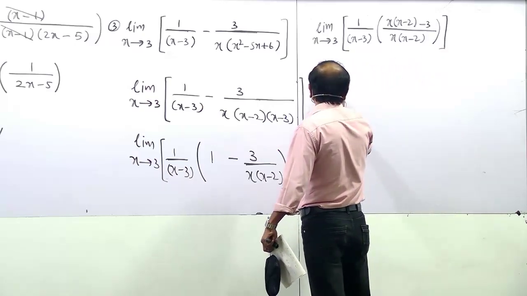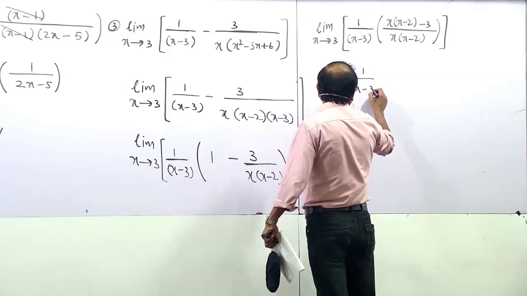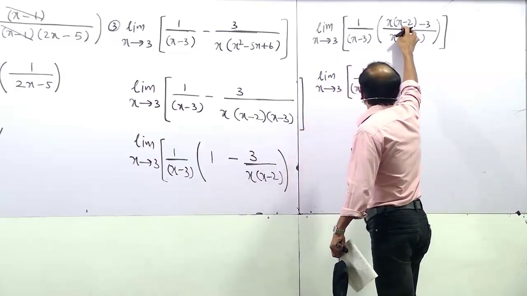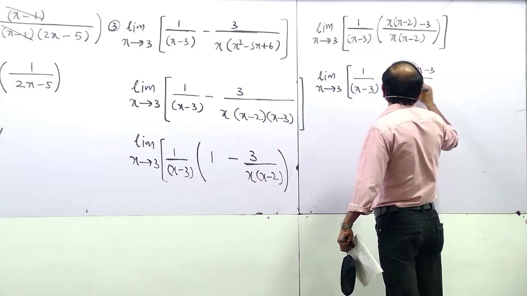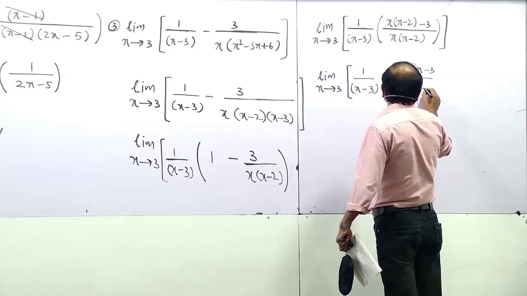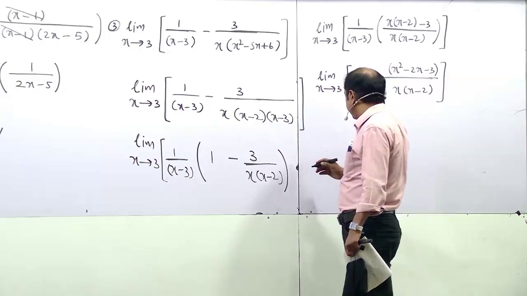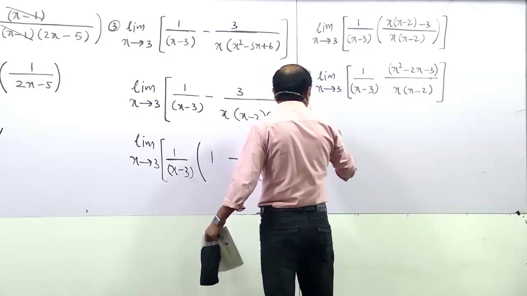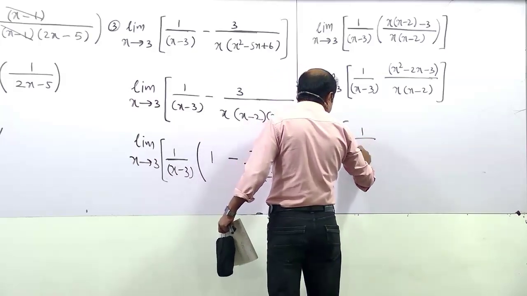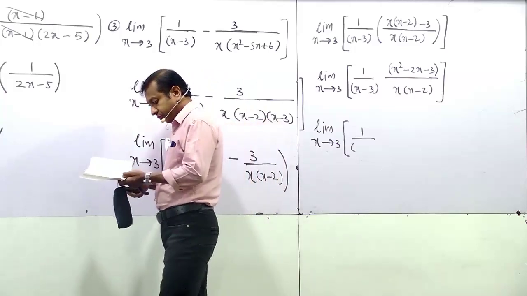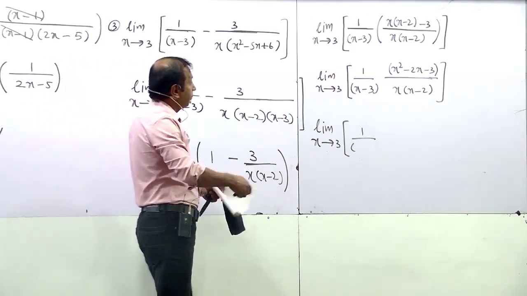Now you can write. What is this numerator? x squared minus 2x minus 3. Factorize this numerator.